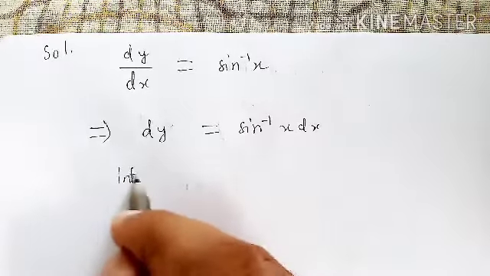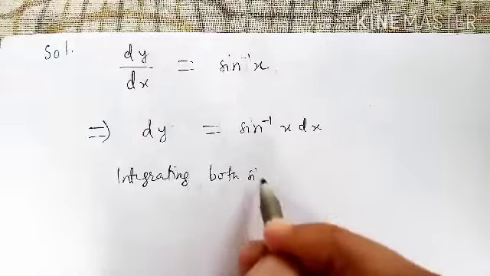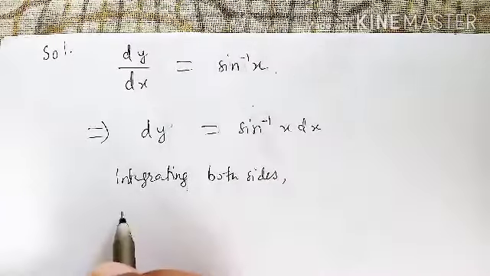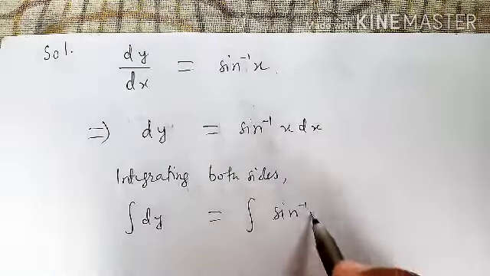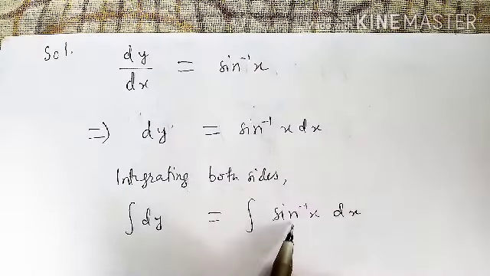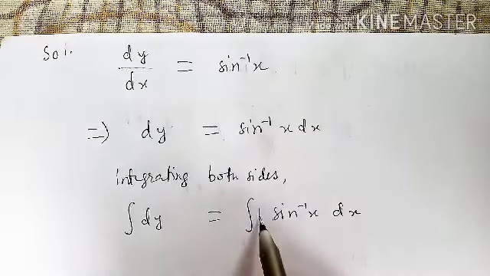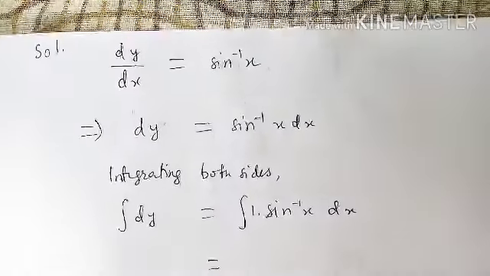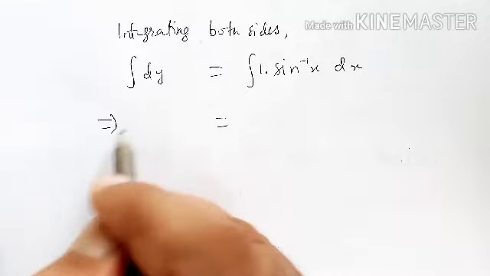Integrating both sides, we have integral dy is equal to integral sin inverse x dx. We know that this is an inverse trigonometric function. We have to take here 1 as algebraic function. Then we have to apply integration by parts.